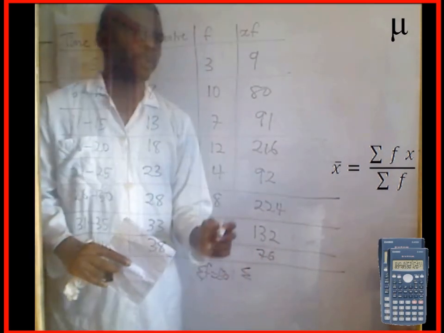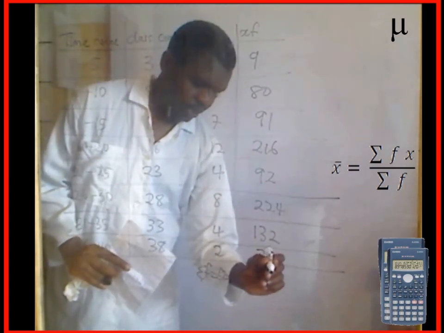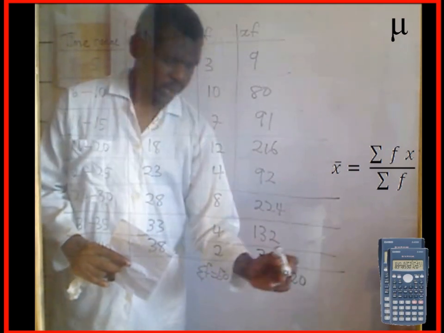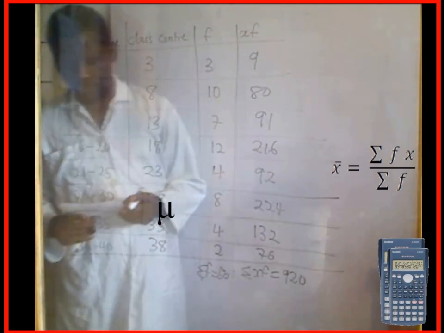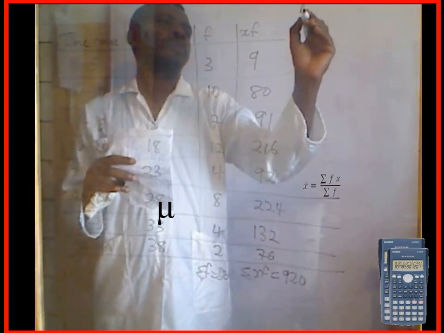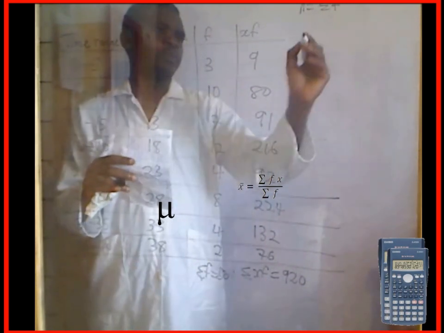The sum of the product between the class center and frequency gives us 920. The number of scores is the summation of the frequency. I'm looking for the mean.